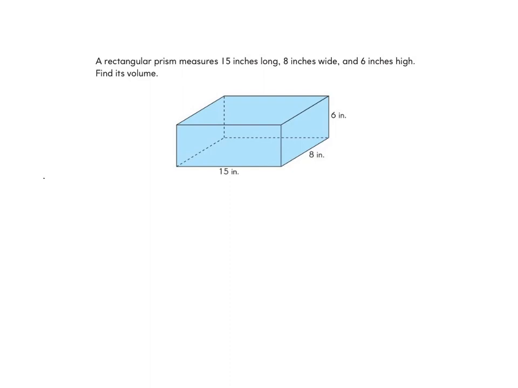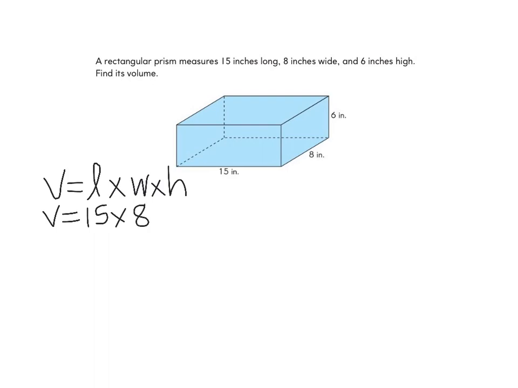So if we remember, we said our formula is volume equals length, and sometimes you'll see length as like a cursive L, so that it doesn't look like a 1, times width times height. So what we're going to do is plug in our values. So we're going to be multiplying 15 times 8 times 6.